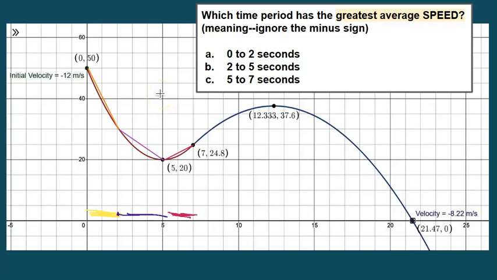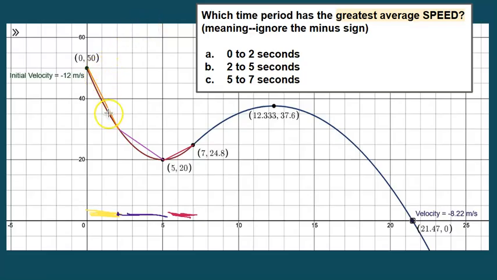That means ignore the minus sign. What I'm trying to say is negative 20 is faster than positive 10, right? Because negative 20 just means I'm going backwards at 20. Ignore the negative sign. Which one has the greatest average speed?